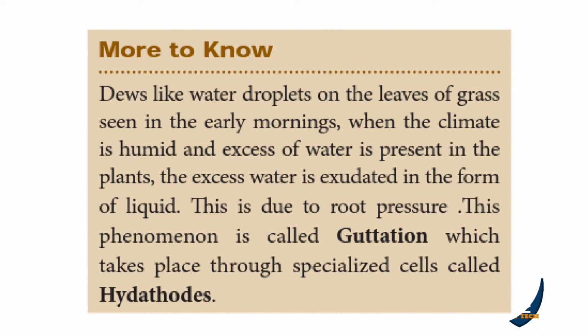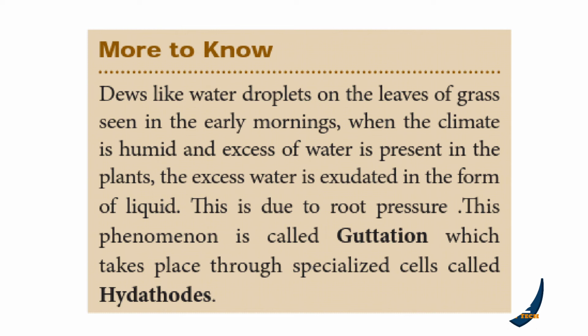More to know: you have to know about the leaf, that is, the dew. You can see dew on the grass leaves in the early mornings. Due to the climate and humidity, it occurs, and the excess water is also excreted in the form of liquid from the leaves.